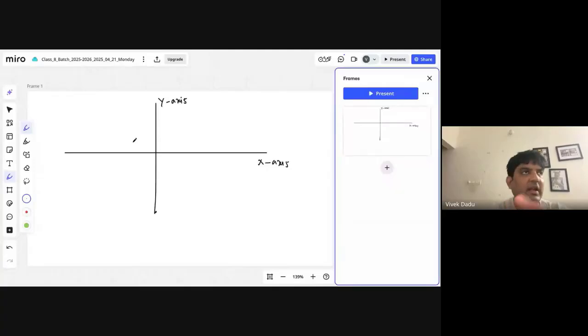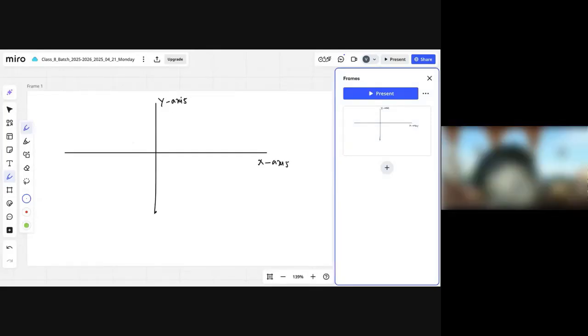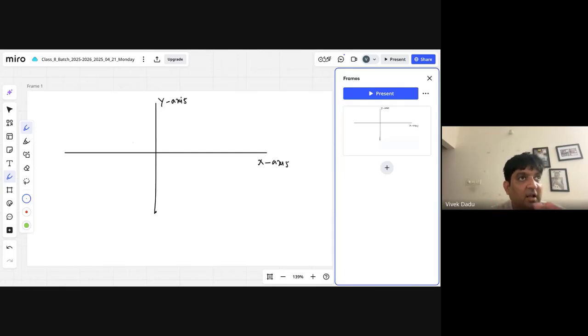I was saying, is everyone aware that this horizontal axis we generally call X-axis and vertical axis we call Y-axis? Yes, sir. Now, right now, I am not talking about graph.